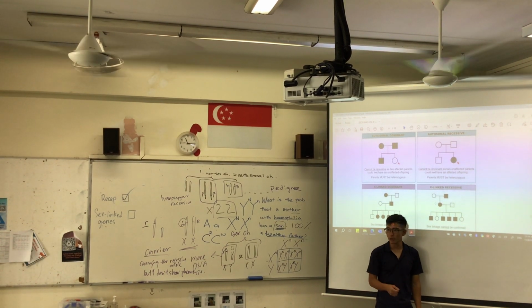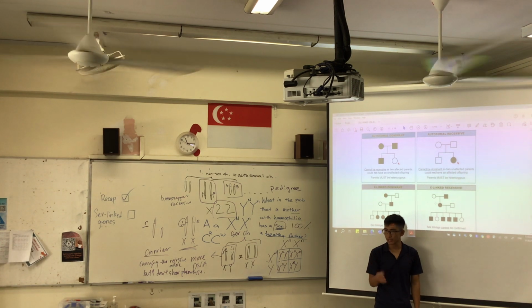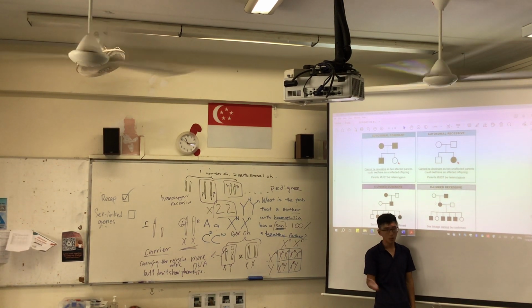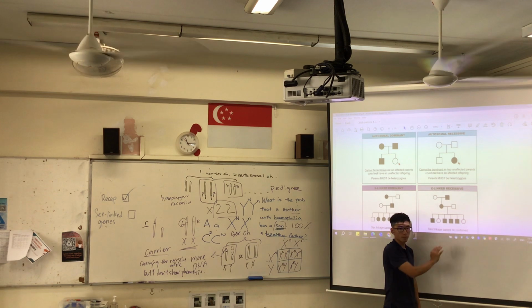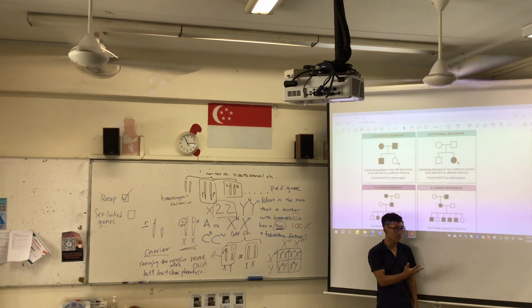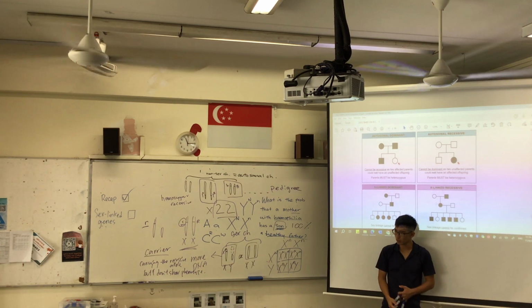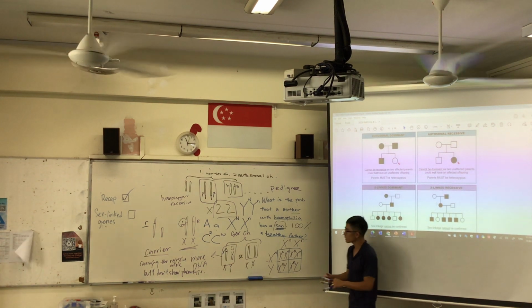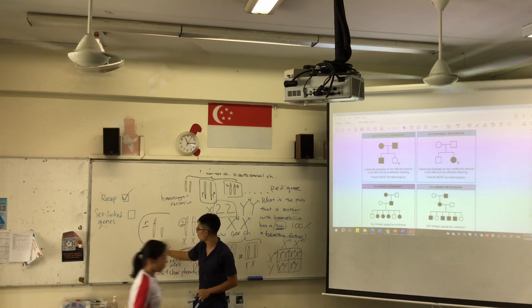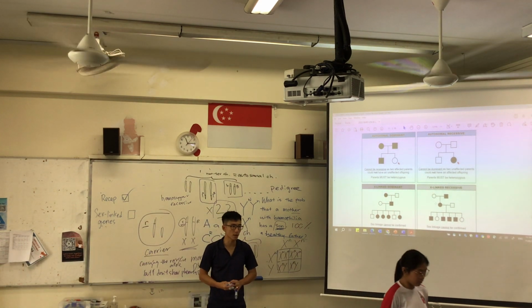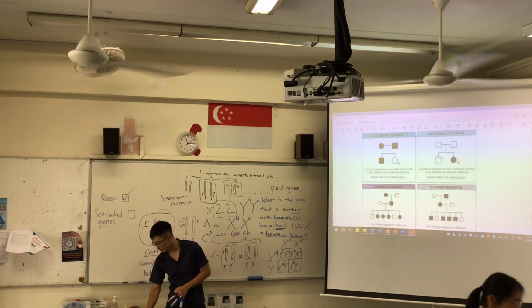So if you want to tell if a particular disease is X-linked and recessive, try to spot such a pedigree. You should see a lot more males in proportion compared to females that have the disease. It makes a lot of sense, because males only have one copy of the X chromosome.